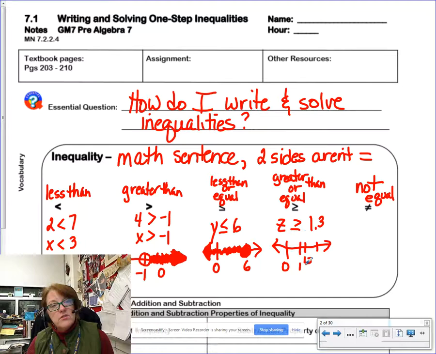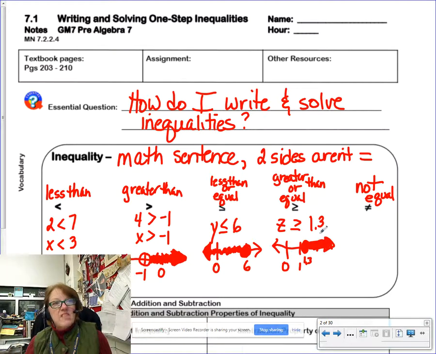Greater than or equal to means I'm going to shade to the right everything. I'm going to start at 1.3 and I get to include 1.3 because 1.3 isn't greater than, but it is equal to. So fill in the dot, shade, make your number line nice and filled in so I can tell, oh, I'm starting at 1.3 and going to the right, to the right, to the right.